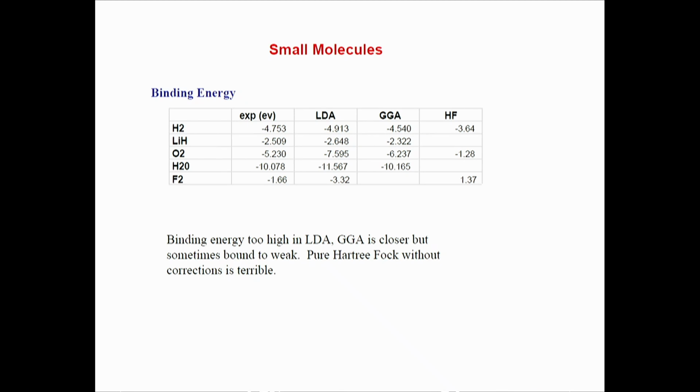For small molecules, one finds that binding energies and bond lengths are also quite reasonable. LDA here shows a clear problem: the binding energy tends to be overestimated. This is typical for LDA. It overestimates the binding, while GGA is much better in this respect.